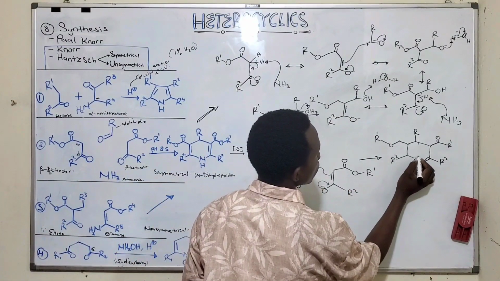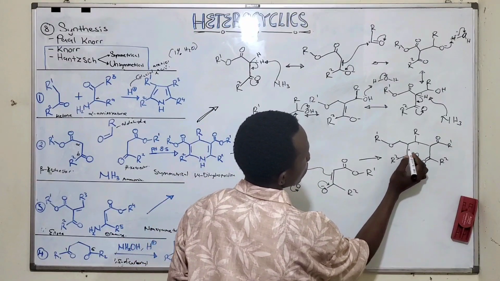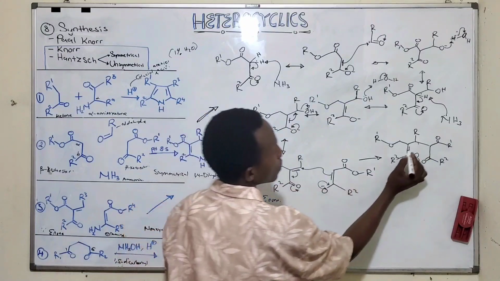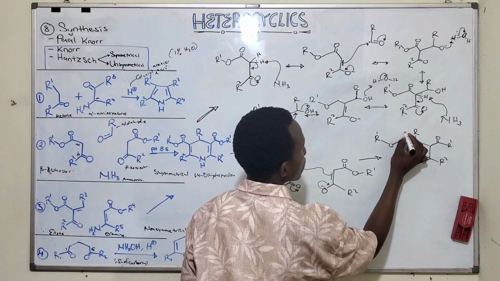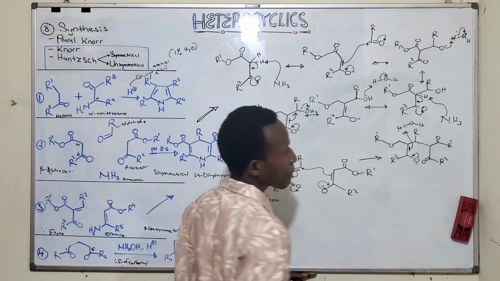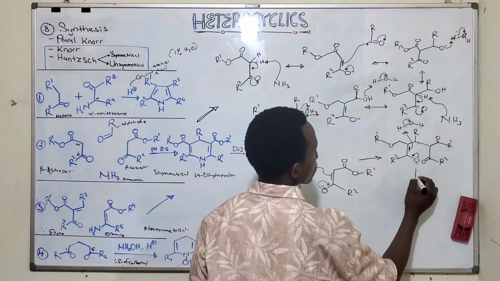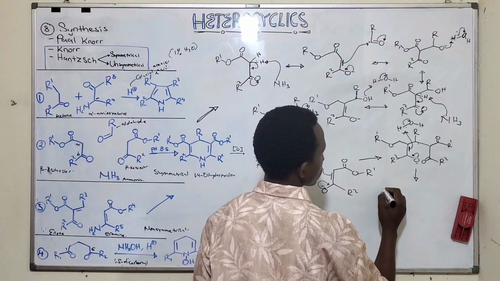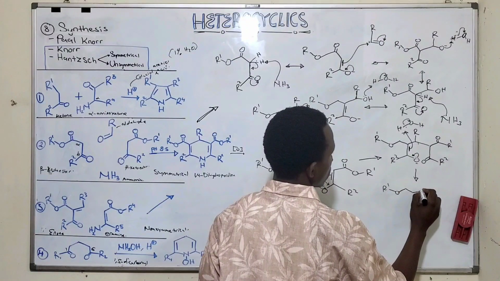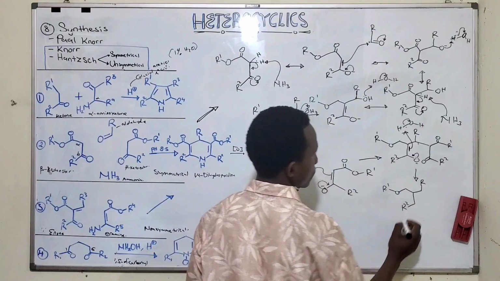As this oxygen forms back the bond, and we have a double bond here, this bond was created. So this double bond attacks a proton from water. So from this, R1 oxygen, R, then we have R2.